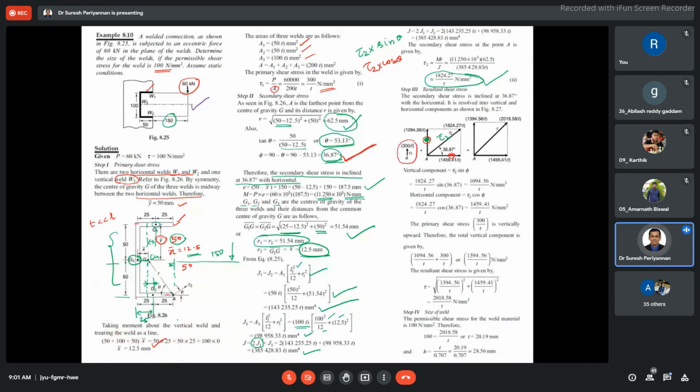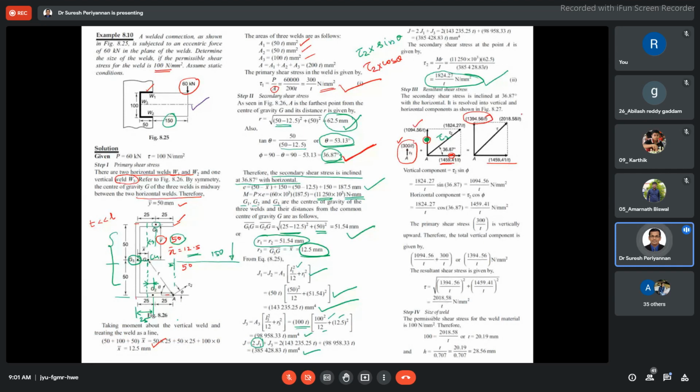Now add it. That's all. Whatever we discussed in the earlier problem, it's the same concept. This tau 1 plus this vertical component, both are vertical, then add it: 1094 plus 300, 1394 vertical component. Horizontal component is as it is, 1459.